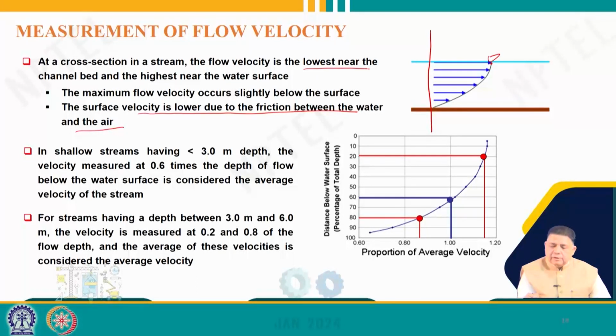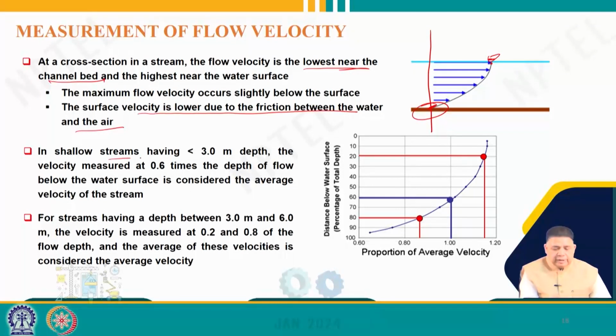The flow velocity is lowest near the channel bed because of the friction and drag. Though this graph appears to show the velocity highest at the top, it is not so because of the resistance. It is slightly below the surface where the velocity is highest. So, we have to be careful at what depth we measure the velocity.